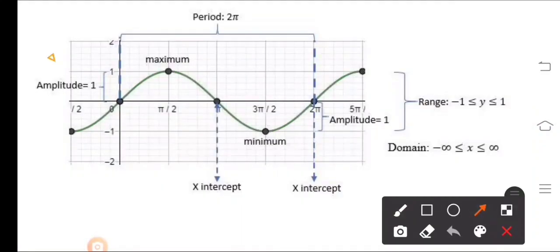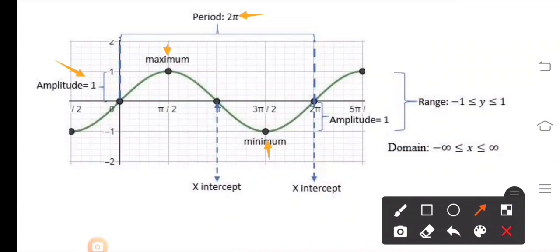To sum it up, our amplitude is 1. The maximum value is 1. The minimum value is negative 1. Period is 2 pi. That is one complete cycle.